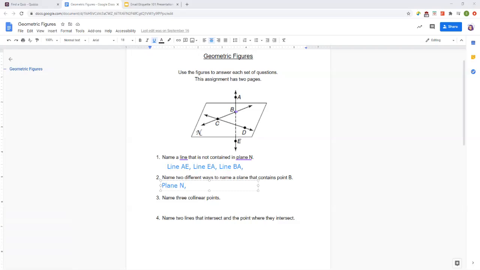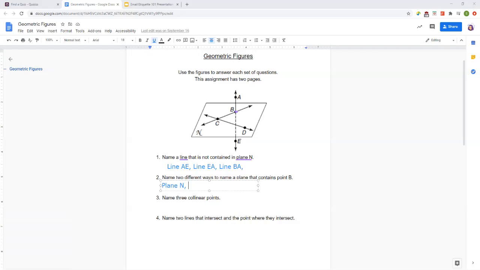So it could be plane N. You could also do any 3 points here that are on the plane. So you could do BCD, BDC, CDB, as long as they're not collinear. But your answer should not contain point A or point E, because those are not on this plane.